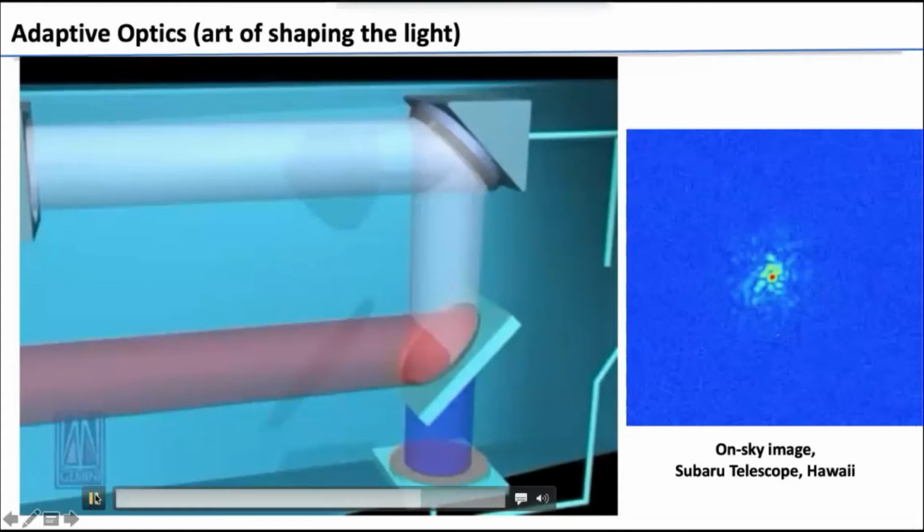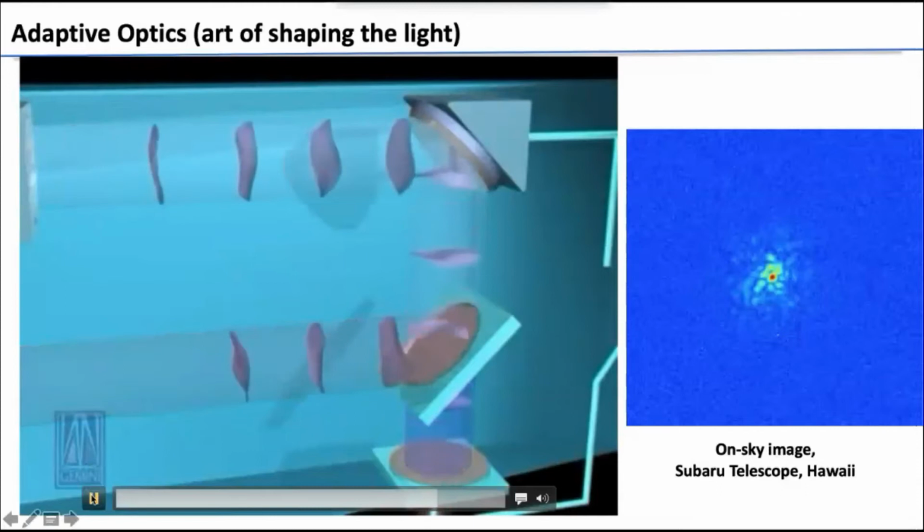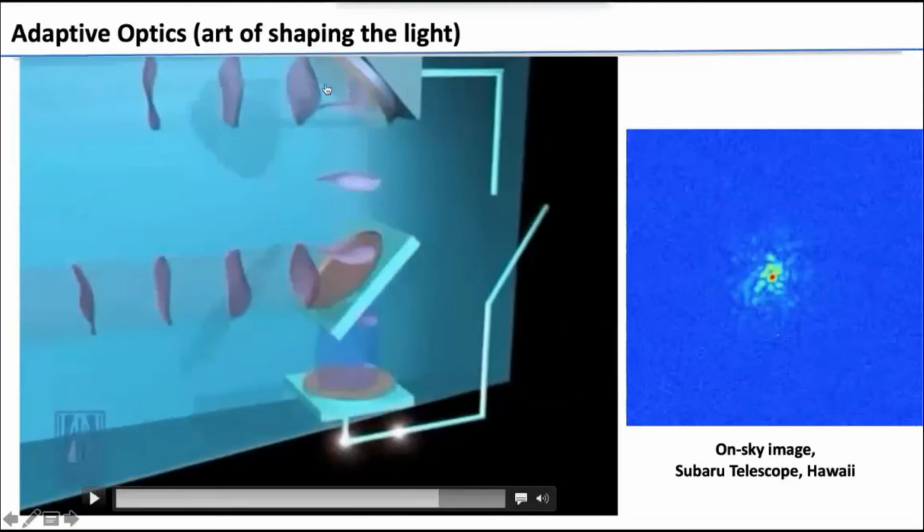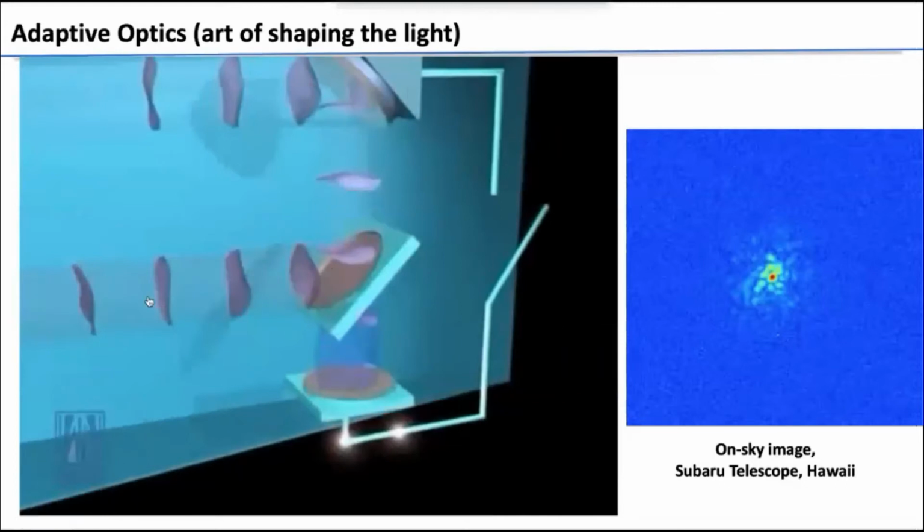And how you do that is, I think it's going to show these distorted wavefronts that come in. Okay, so let me show you what's happening here. Your distorted wavefronts come in, and you have seen how your image is all blurred, right? So an adaptive optics system has two elements. One is called a wavefront sensor, which senses how much your wavefront is distorted, and you have something called a deformable mirror, DM, which actually undoes those effects.